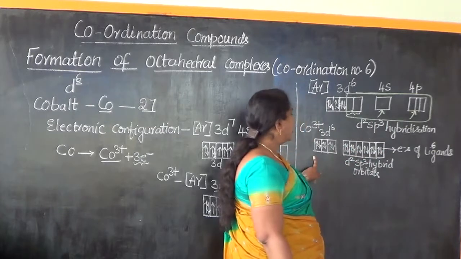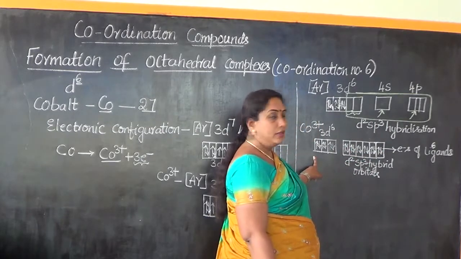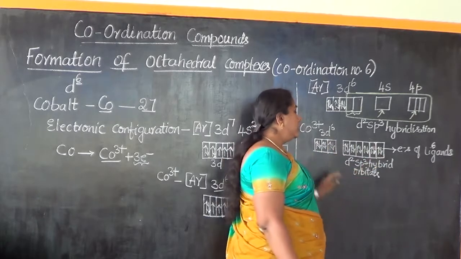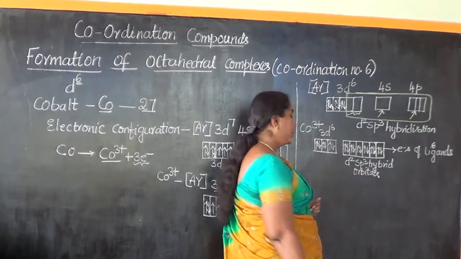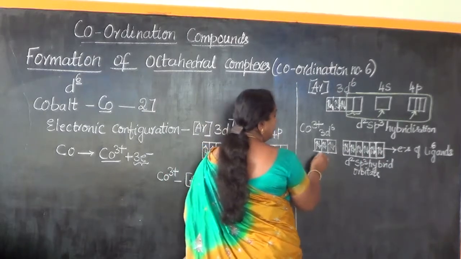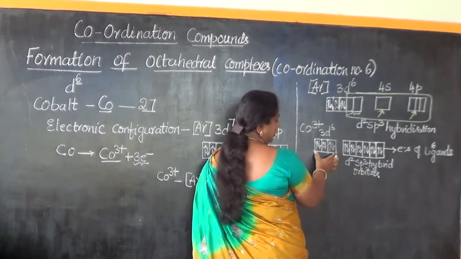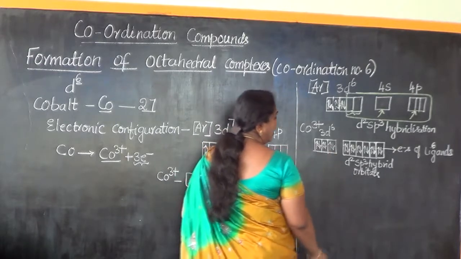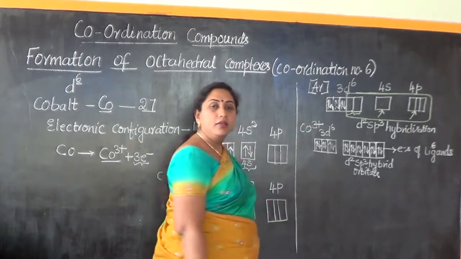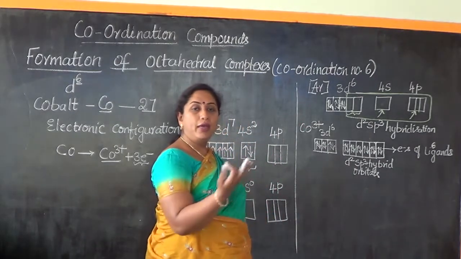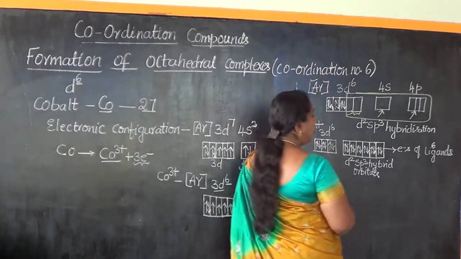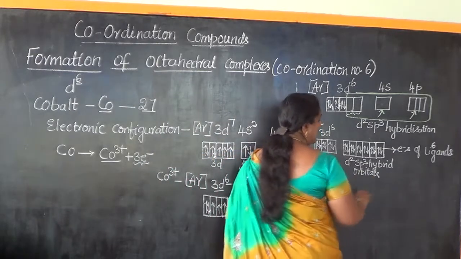And therefore, this will be the final electronic configuration in the valence and the penultimate shell that we observe. So now, as you can see, even these d orbitals and these d2sp3 hybrid orbitals contain only paired electrons. Therefore, they do not exhibit paramagnetism.